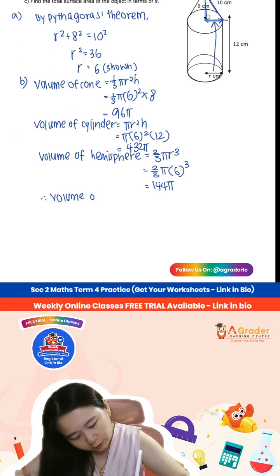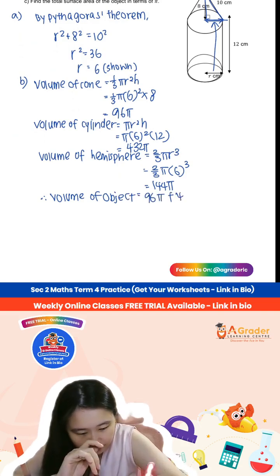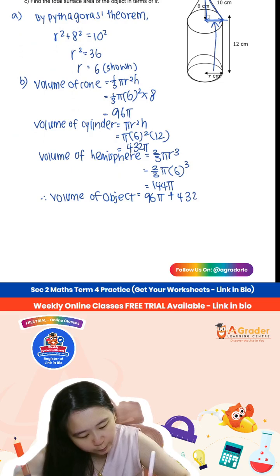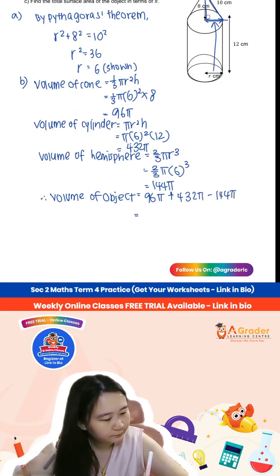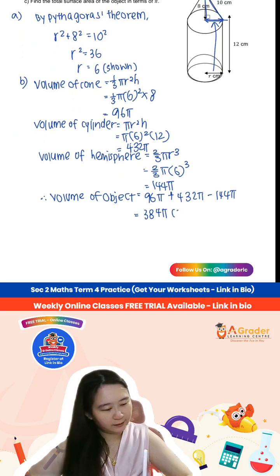So therefore the volume of object is 96 pi plus 432 pi minus 144 pi. We'll get 384 pi cm cube.